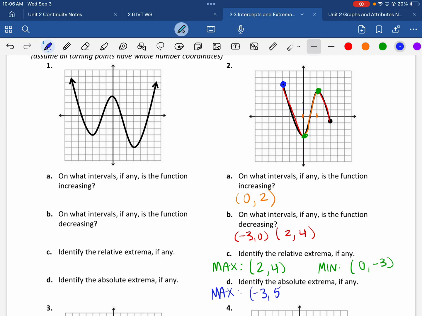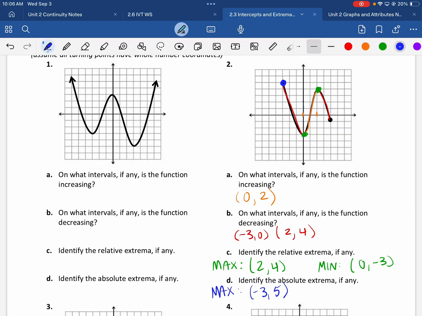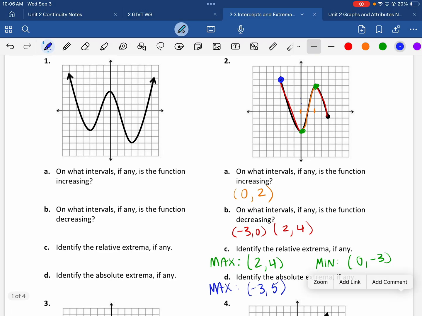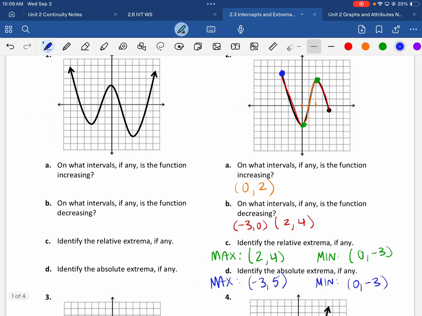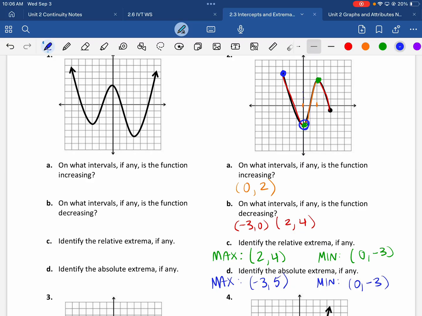So this point right here is the highest the graph goes to, so that is the absolute maximum. What is the absolute minimum? 0, negative 3. So this one right here is the lowest point the graph goes to.